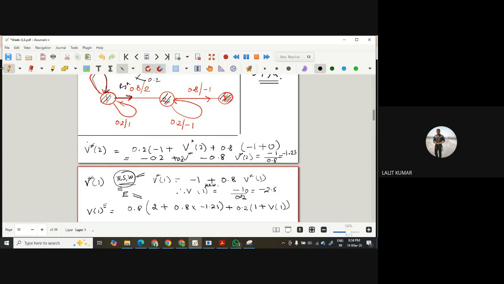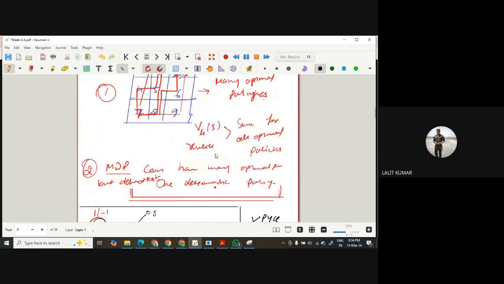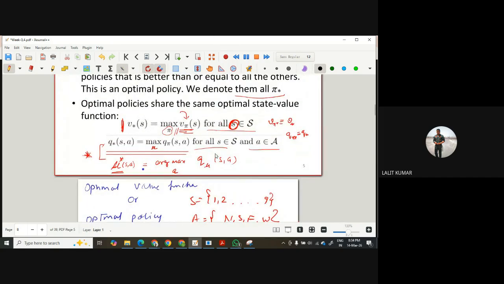I solve this, and if I find that this V1 is greater than the other, then only this will become V star of 1. So we have to be careful to calculate for both, because if we see the equation, it is the maximum over those actions.